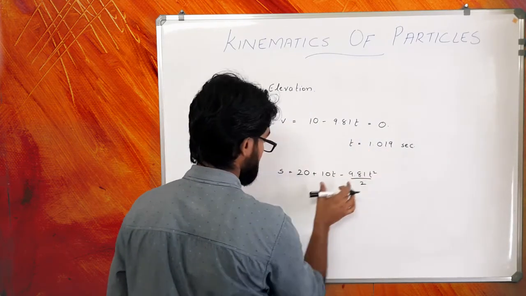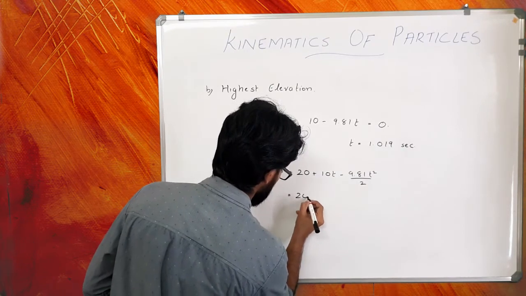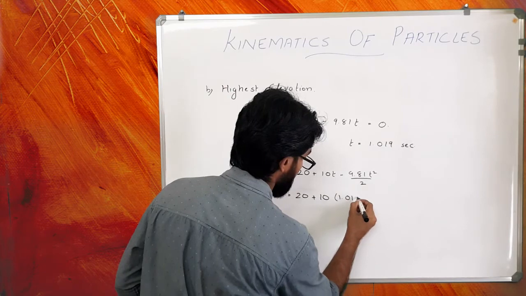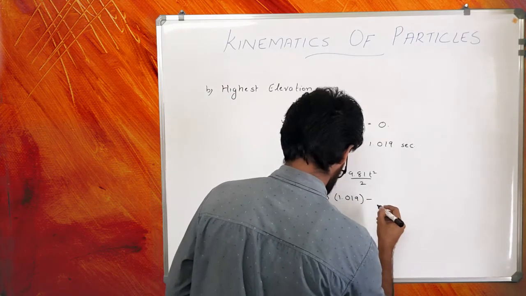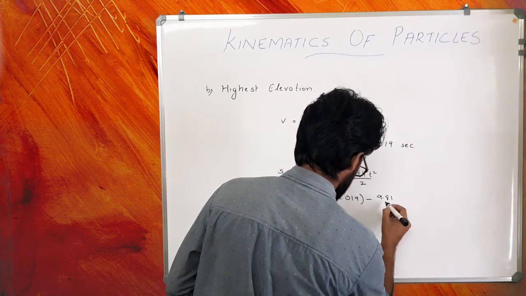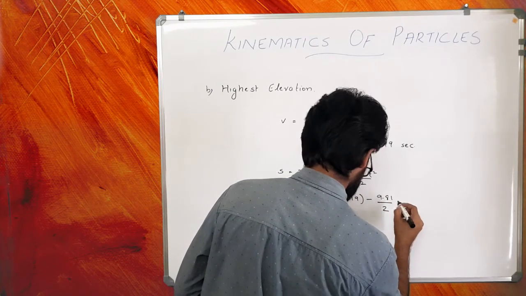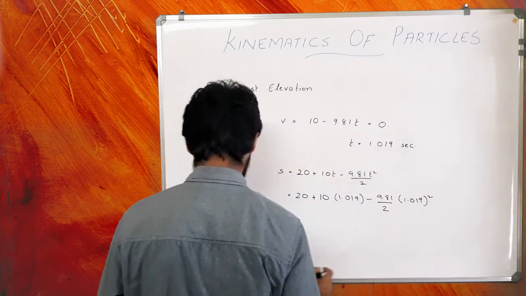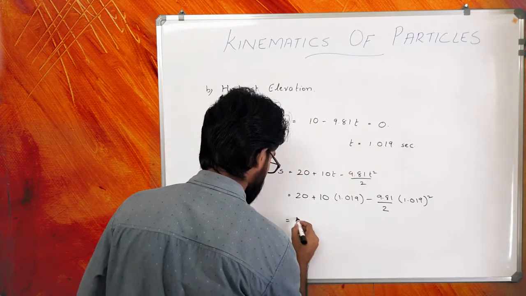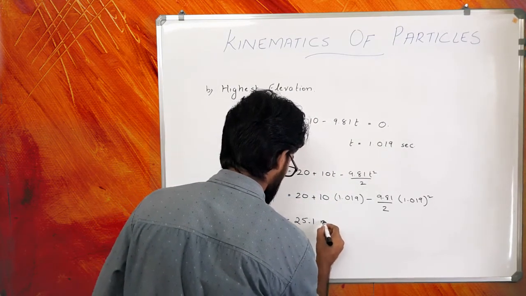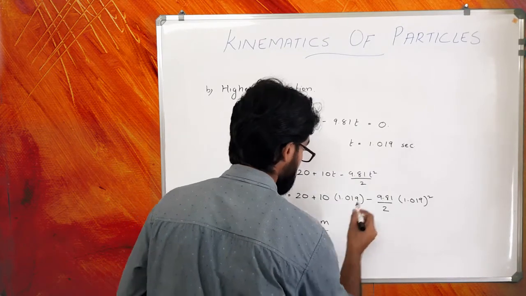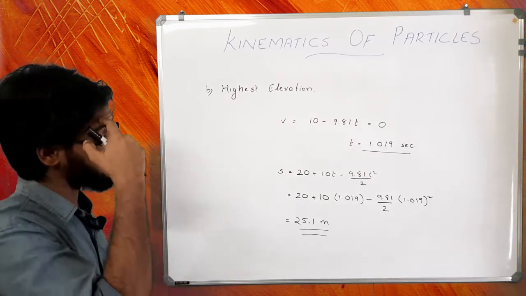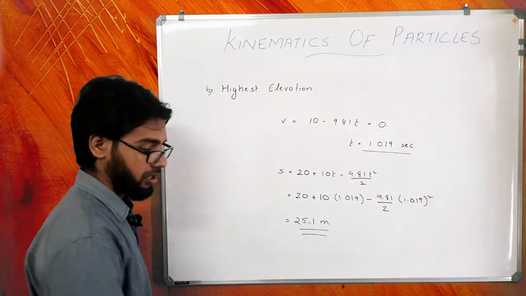Now if you substitute here, we get 20 plus 10 into 1.019 minus 9.81 by 2 into t square, that is 1.019 the whole square. Now if I solve this equation, I'll get the answer of 25.1 meters. So this is the second part of the question, the highest elevation.